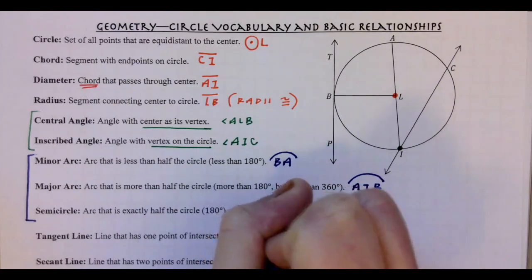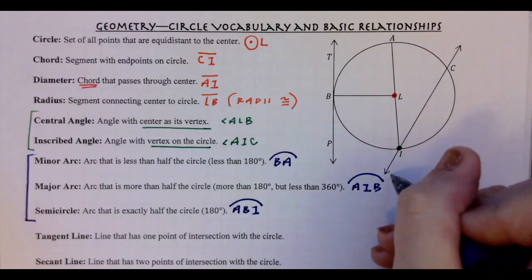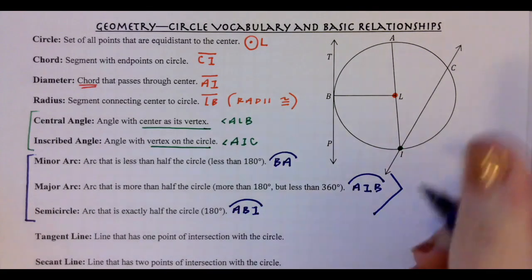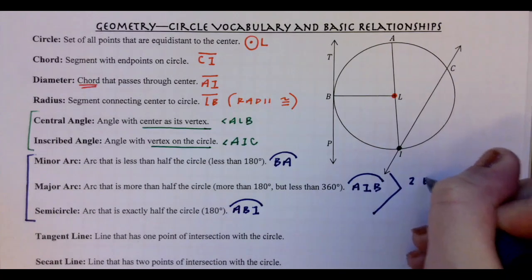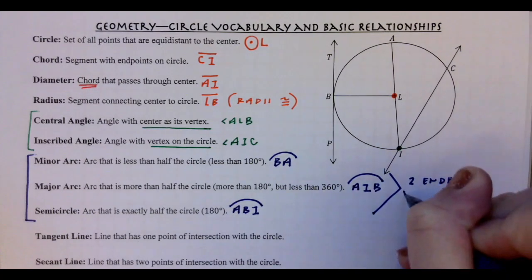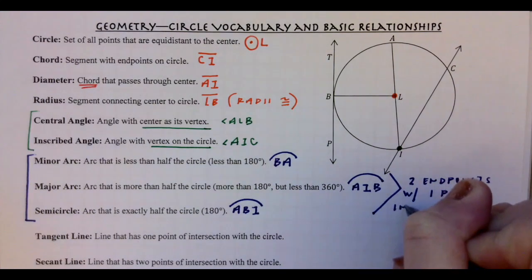I'll do the first one that I said. So ABI. So again, for these two, our major arcs and our semicircles, we need to name it by the two endpoints with one point in between.